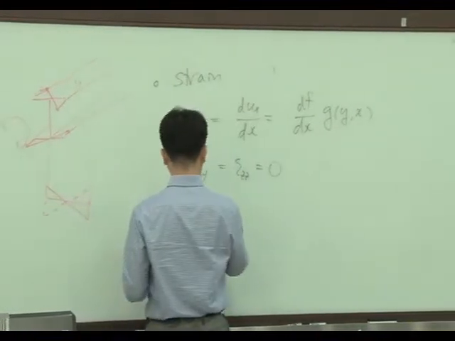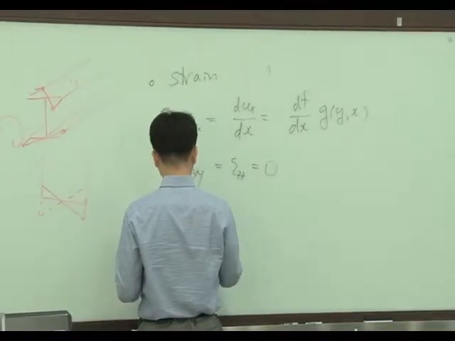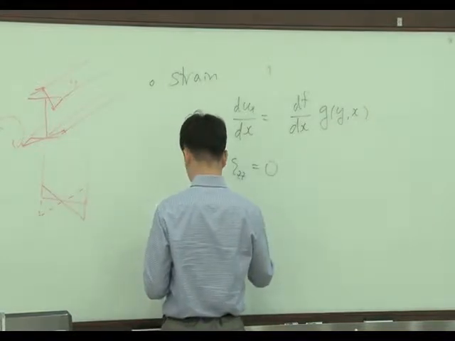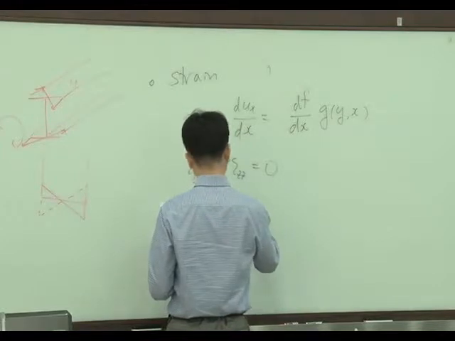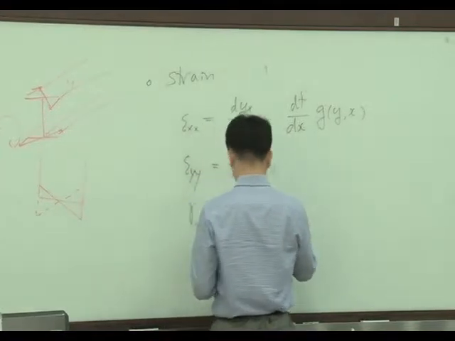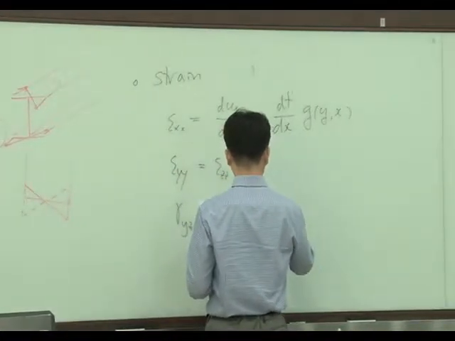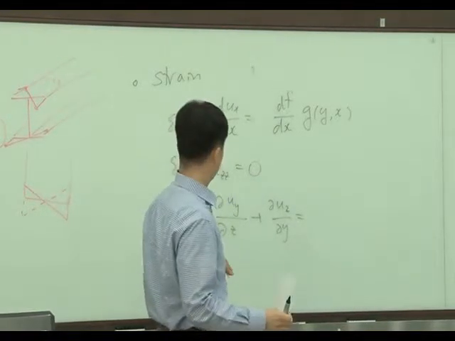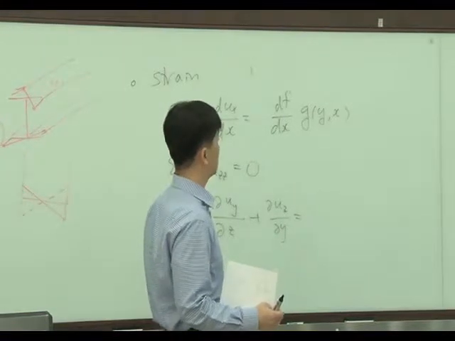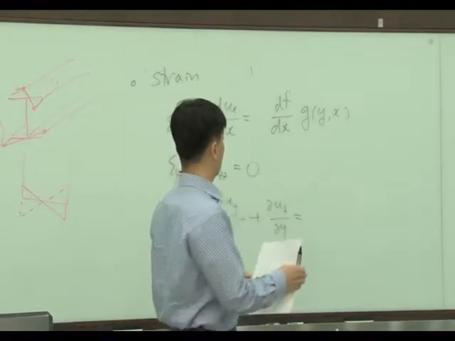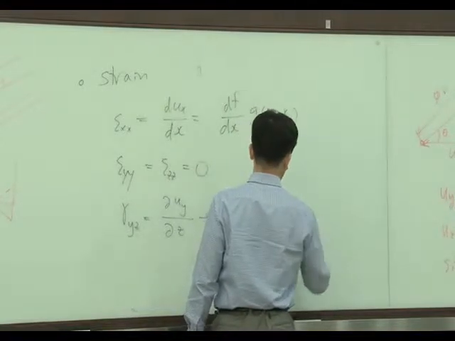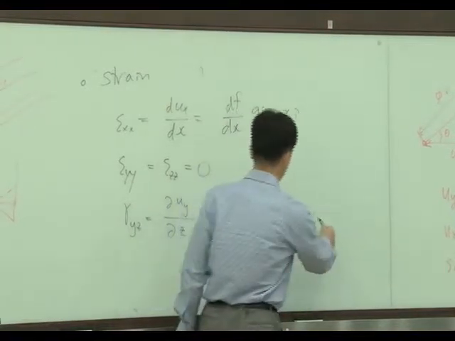And how about the engineering shear strain, gamma yz equals ∂uy/∂z plus ∂uz/∂y? Let's take the derivative with respect to z over there. So minus φ plus φ, the rotation angle, so it becomes 0.